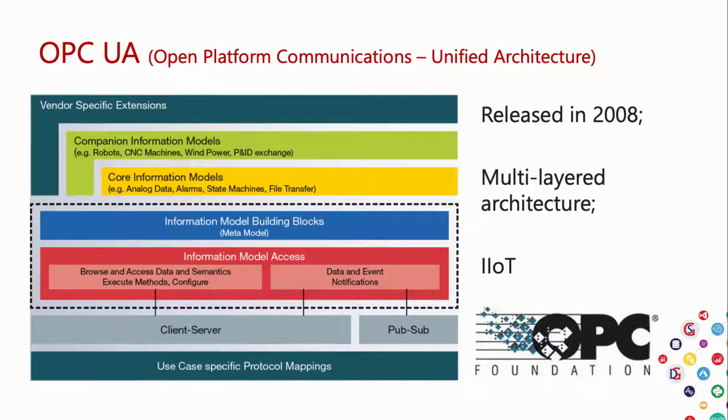Then we can map to specific protocols. Today we will integrate OPC UA on the edge to the cloud using AMQP, for example, and you can use many others in this middleware, if we can call it a middleware.